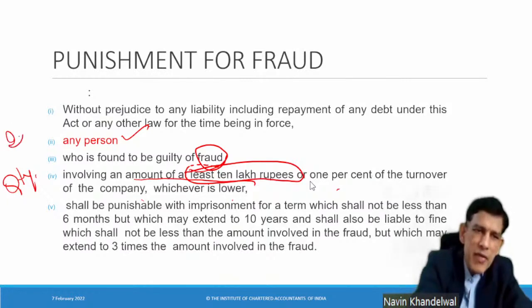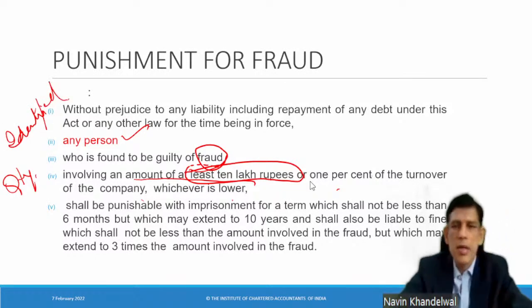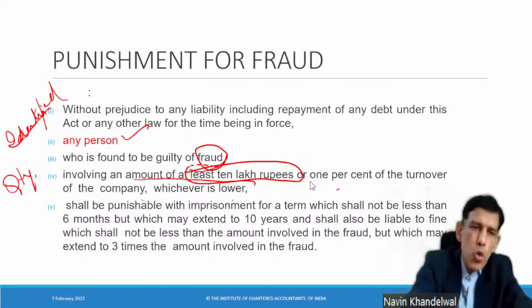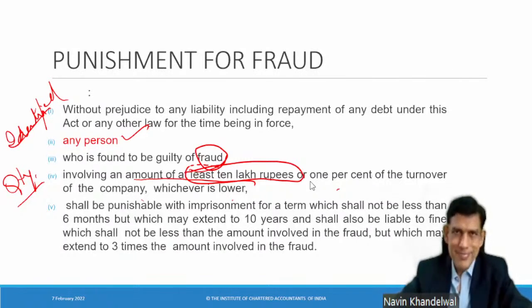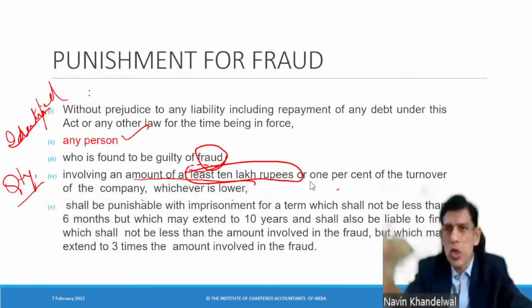Fraud has been identified. Who has committed it? The first thing, you have to identify the person. Then you have to quantify the fraud, and that person can be any person. The amount is 10 lakhs or 1% of turnover, whichever is lower. Remember, whichever is lower.